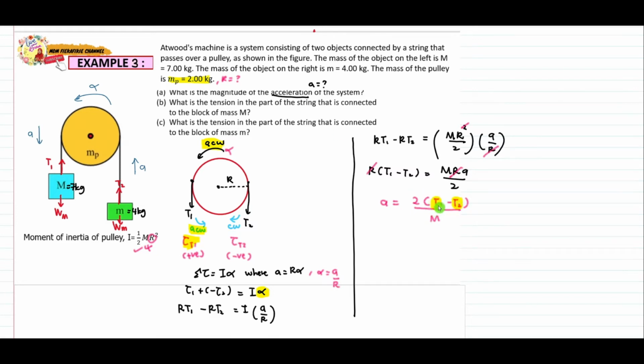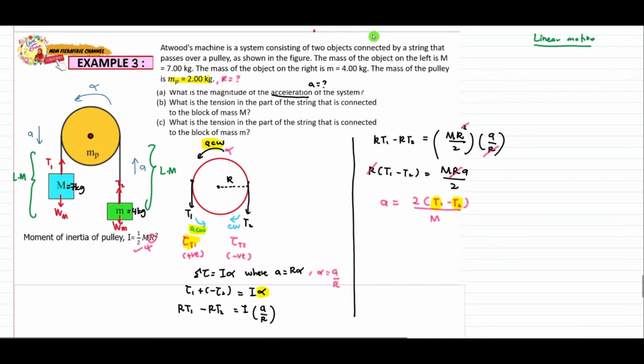Okay, but remember, we have two linear motions. Okay, sebab kita ada pergerakan. Di sini adalah linear motion. Di sini juga adalah pergerakan linear motion. Okay, so let's write the equation of linear motion for M1 and M2, capital M and small m.